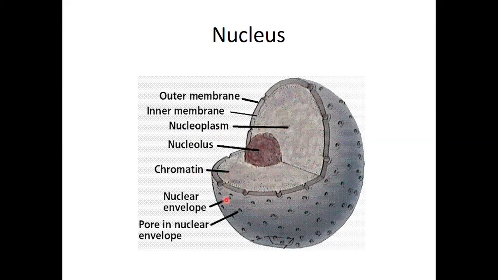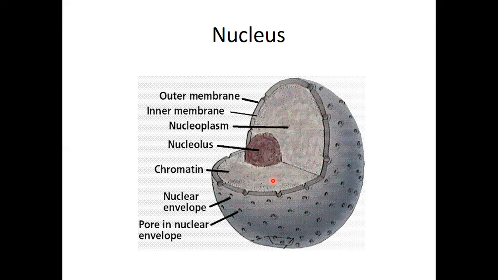Now, this chromatin is simply DNA, what we call chromosomes. We only call them chromosomes when the cell is about to divide. When the cell is in its resting stage like this, where it is just performing various functions of the body, we call it chromatin.